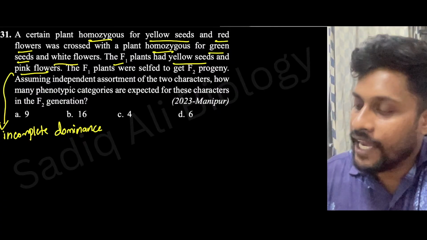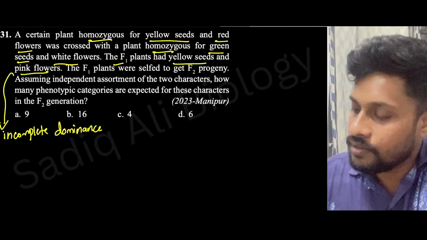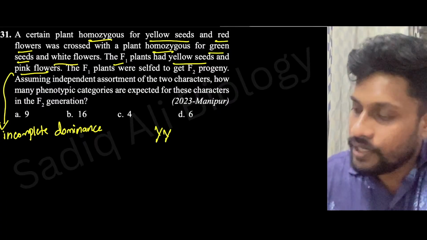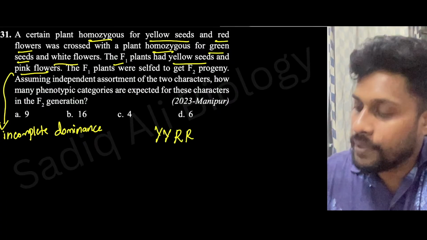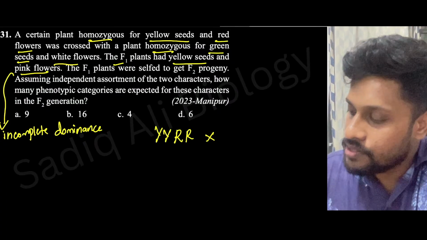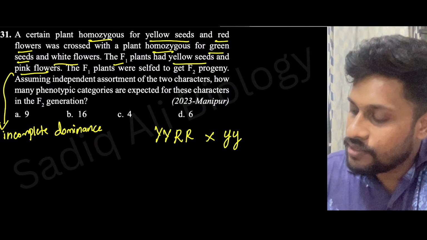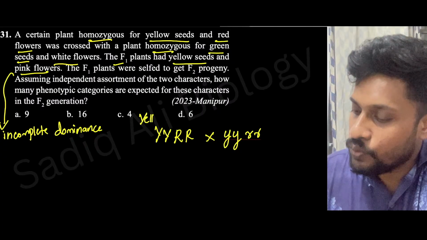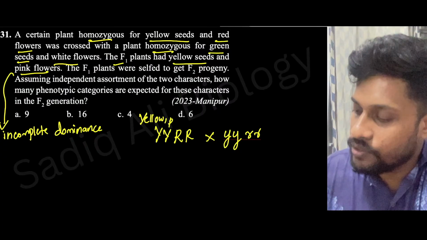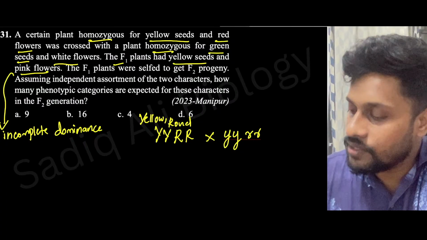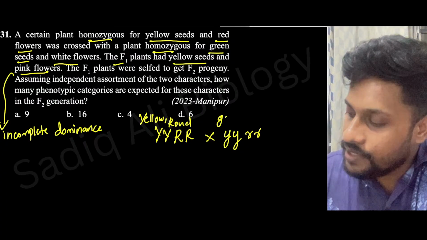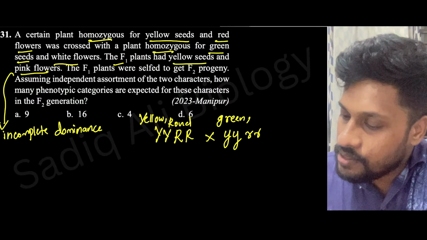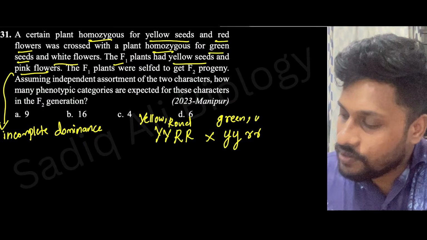So let me write yellow seed and red flower, which means seed color. So capital Y, capital Y, capital R, capital R, crossed with small y, small y, small r, small r: green seed, white flower.